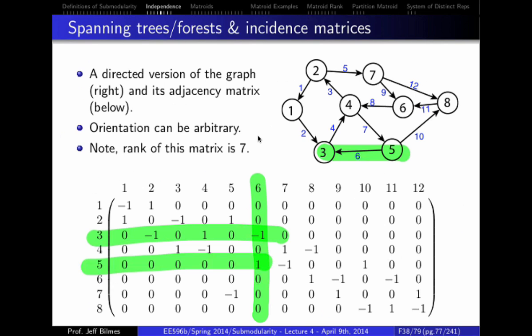Now let's consider 2 things. Let's consider taking subsets of column vectors and looking at their span of this particular kind of matrix. And also take a look at the graph and look at spanning trees of subsets of edges.